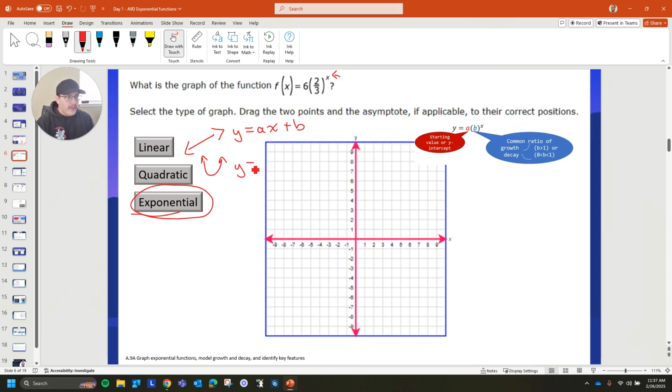Quadratics are usually in the form of y = ax² + bx + c. So we don't have that. We have neither one of them. Instead, we have y = a(b)^x. We have an exponential. Therefore, we're going to graph everything as if it were an exponential function.